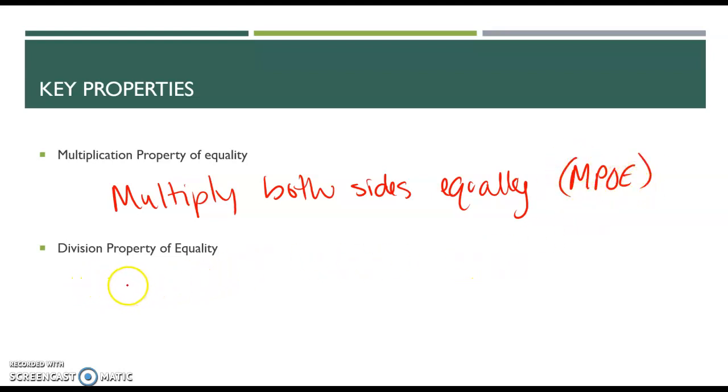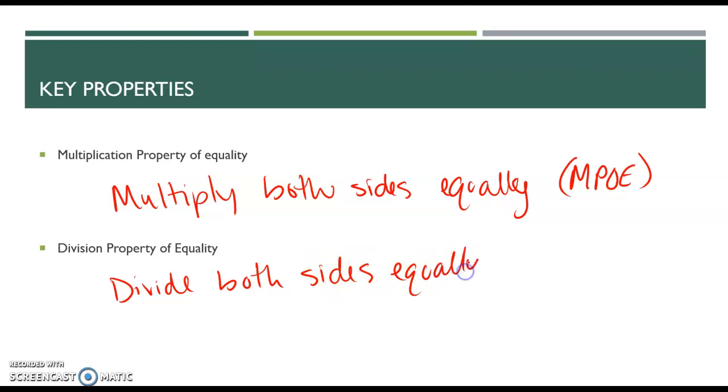And our division property of equality means to divide both sides equally. And I call that DPOE, or depot. And so we use these to solve our equations.